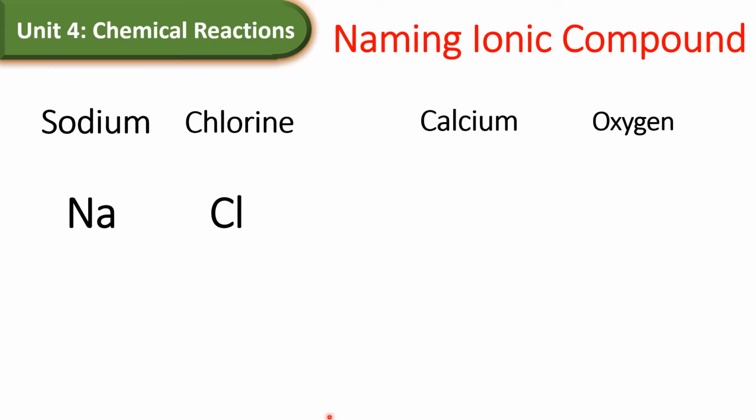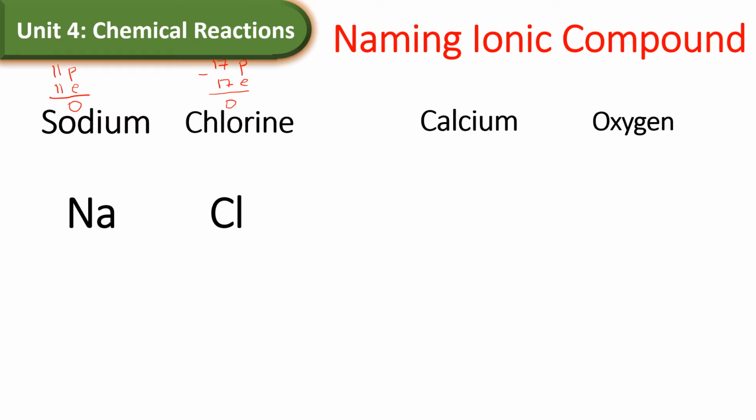The neutral net charge of sodium is 0 because sodium has 11 protons and also 11 electrons, so its net charge is 0. How about chlorine? Chlorine has 17 protons and 17 electrons, so 17 minus 17, you have a net charge of 0.